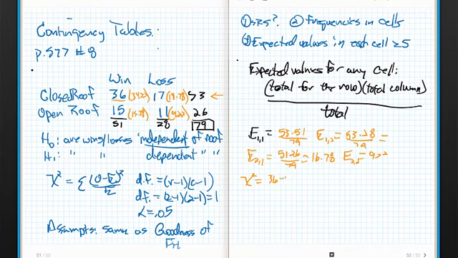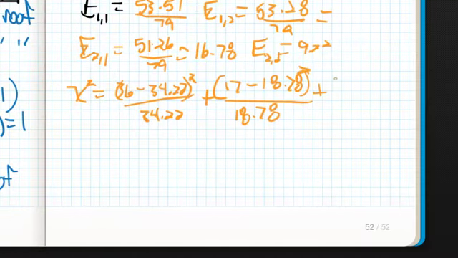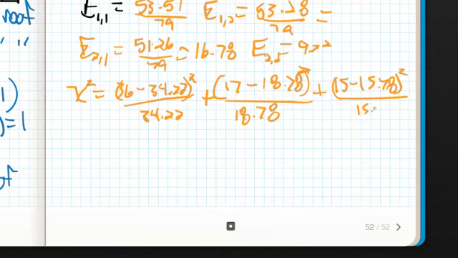So 36 minus 34.22, squared, divided by 34.22, plus 17 minus 18.78, squared, divided by 18.78, plus, because remember it's just the sum, 15 minus 15.78, squared, divided by 15.78.